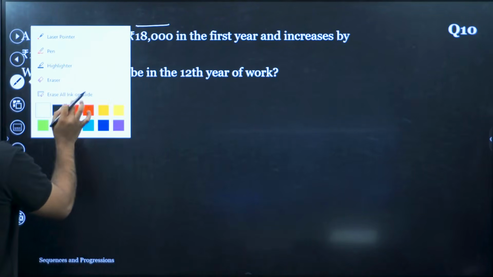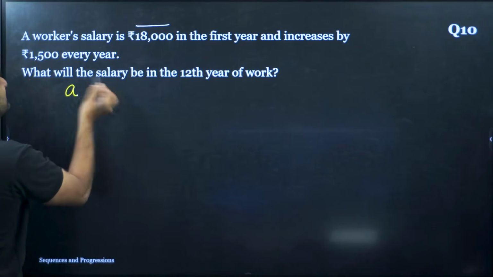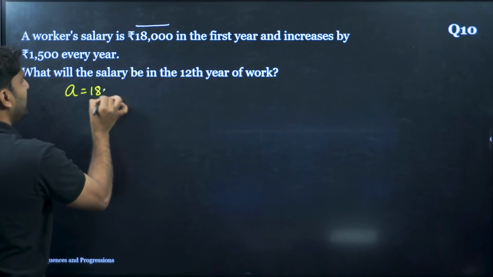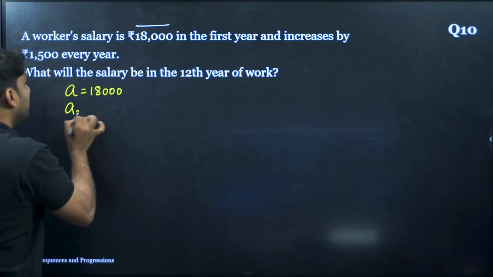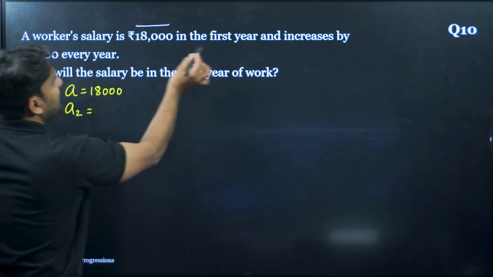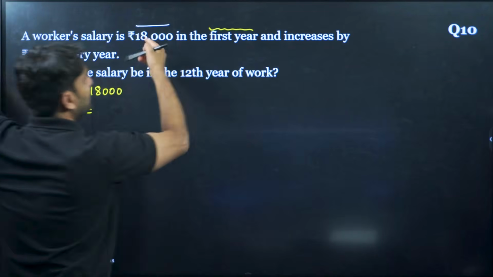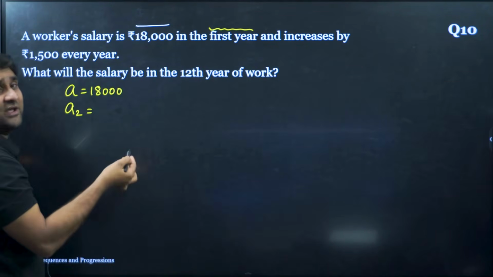Let's write the given condition in maths. The first year's salary, let's say a, is equal to 18,000 rupees, right? And what will be the second year's salary? The worker's salary in the first year was 18,000 and increases by rupees 1,500 every year.